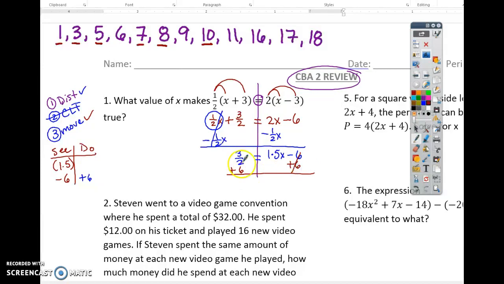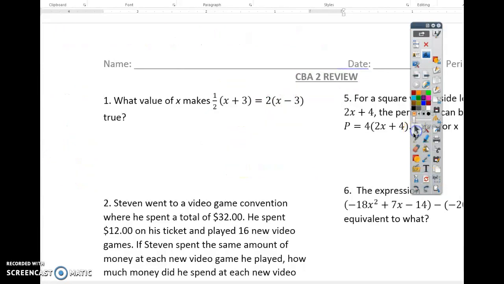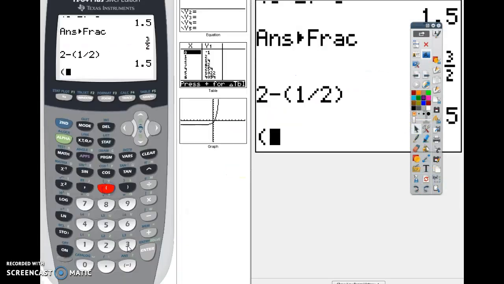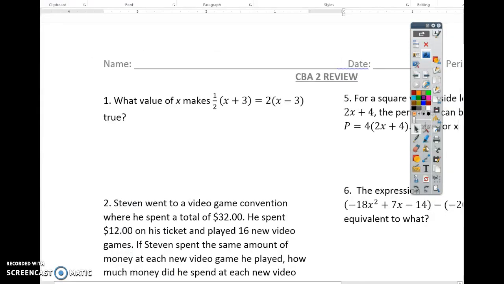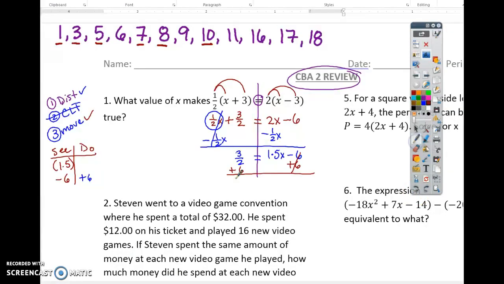Okay, so we're going to put this in parentheses in the calculator, 3/2 plus 6, enter. Gives you 7.5. Let's just leave it like that. 7.5 equals 1.5x.